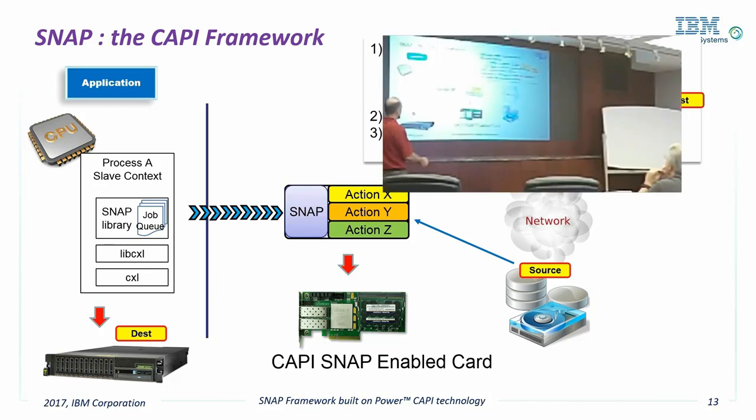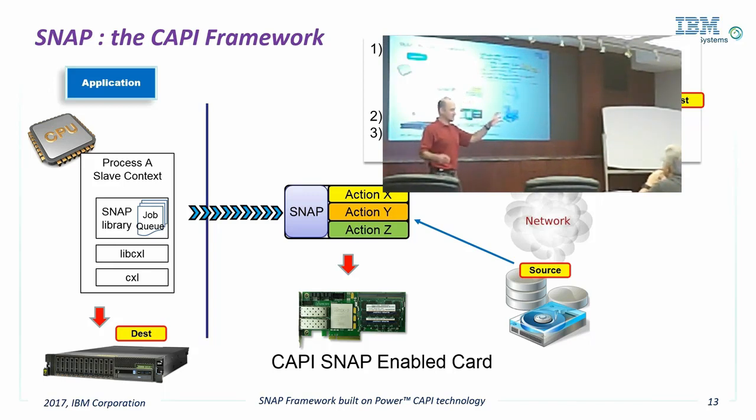So the application writer is going to decide, here's the algorithm that I want to offload. And that's going to be the first step in the prep phase, is decide, what do I want to offload? And in many cases, that algorithm that we're offloading, that we're going to call an action, it's going to have a source of data.